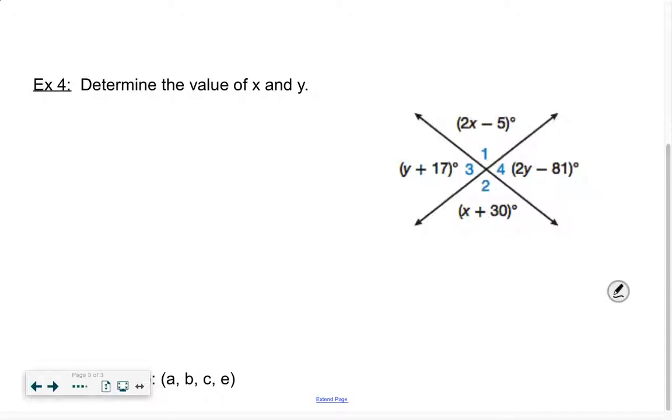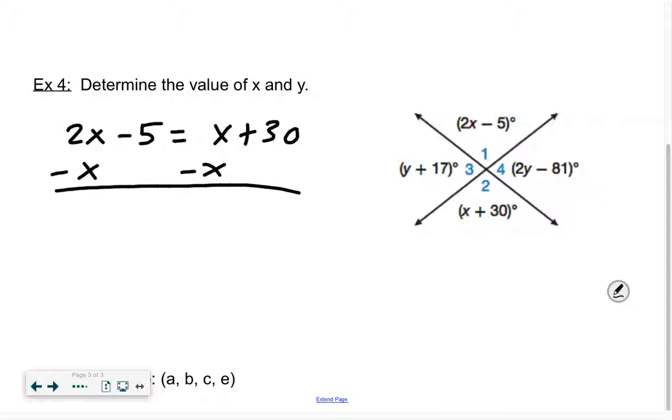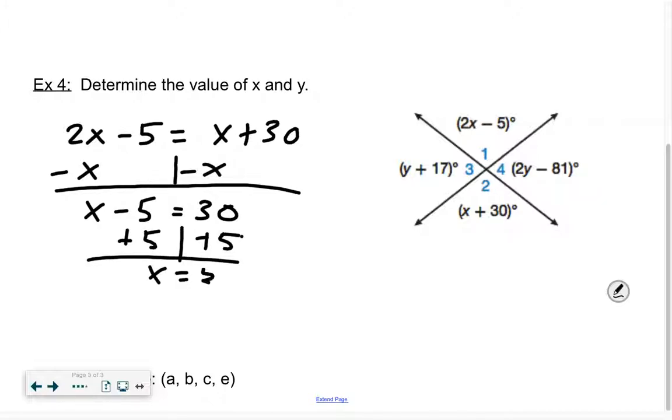If those angles are going to be equal to one another, we know that x minus 5, that expression needs to be equal to x plus 30. You will be doing a lot of that in homework if you haven't picked up on it already. On your own, go ahead and solve for y. Last one.